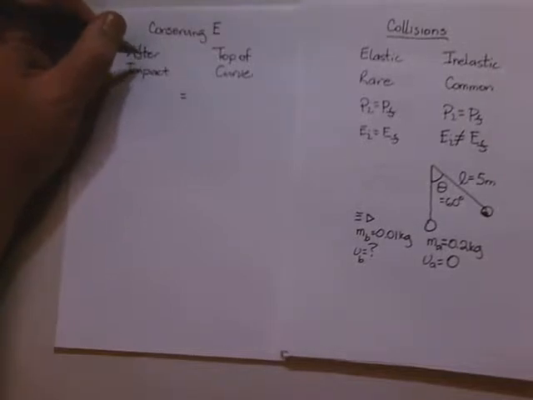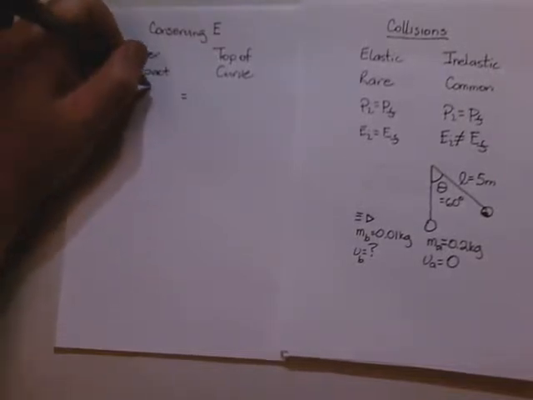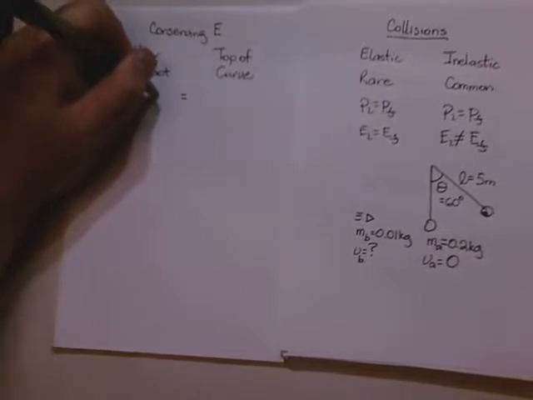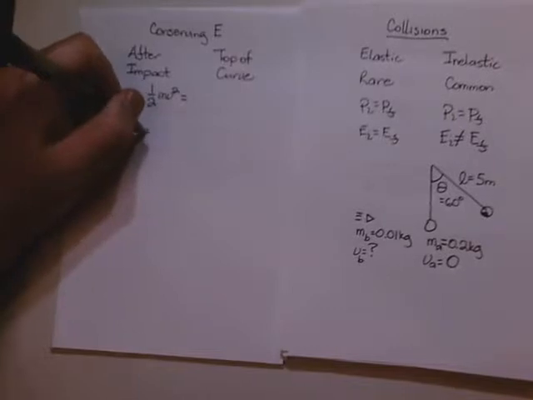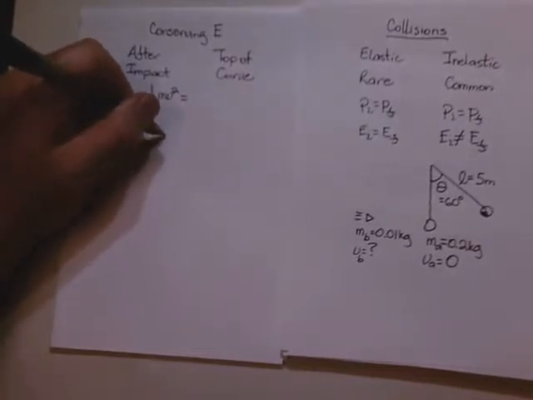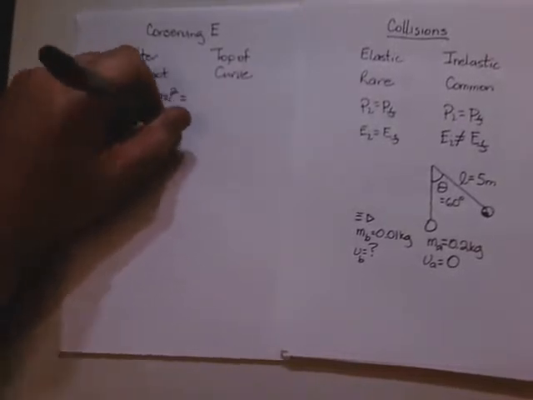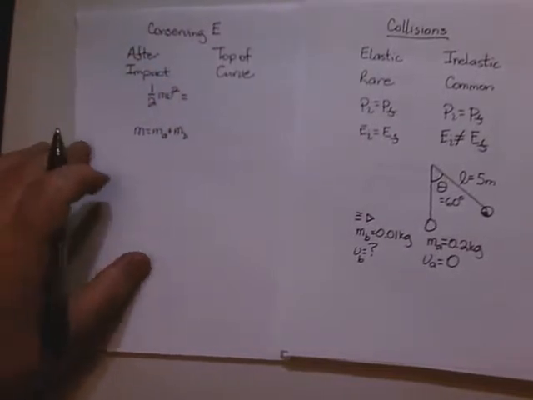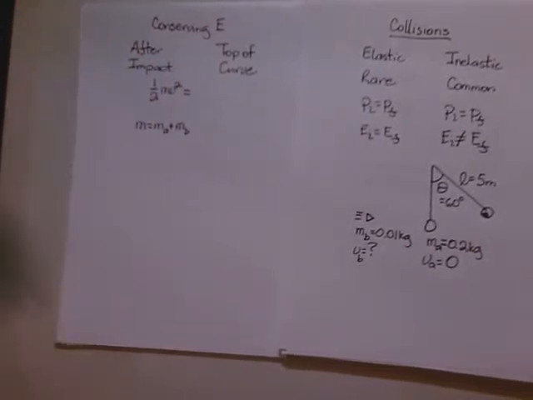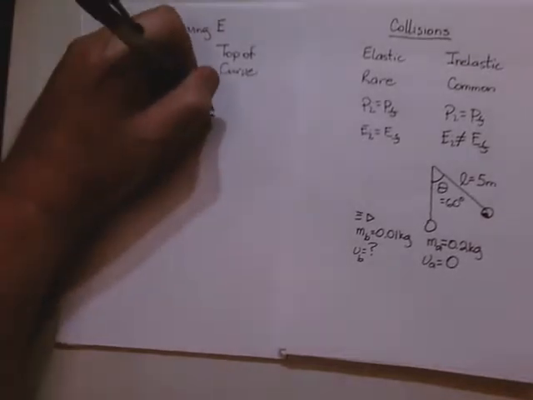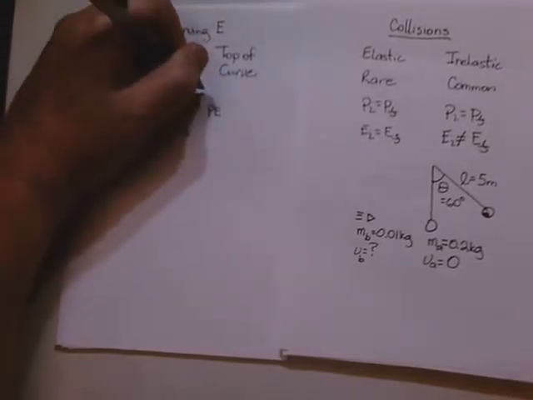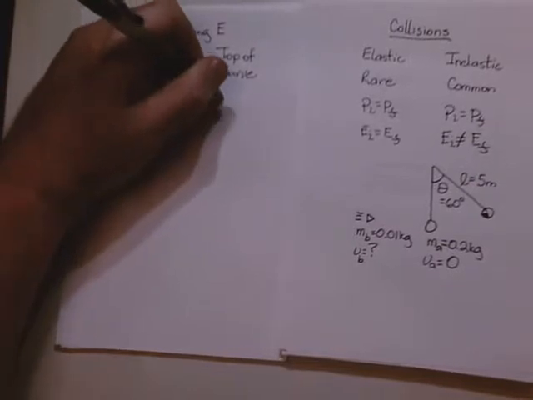So after the impact, the energy is merely 1/2 mv squared. And this particular m that I'm writing is the combined mass of ma and mb. At the top of the curve, it is purely potential energy, so it is mgh.